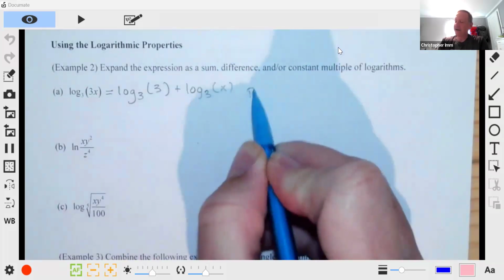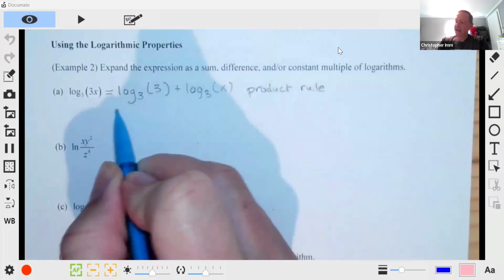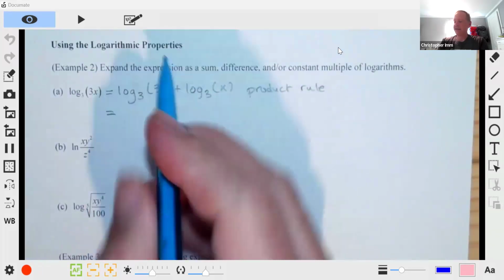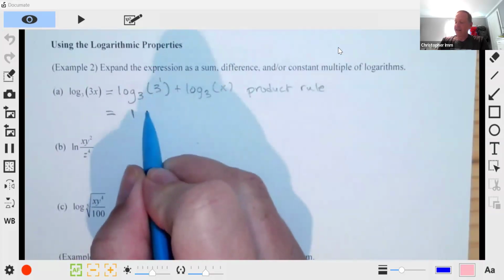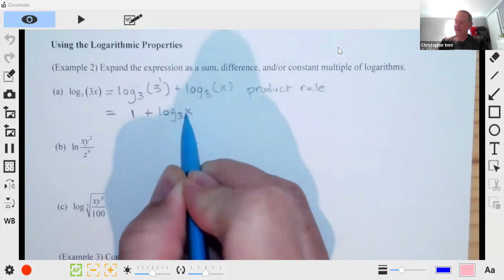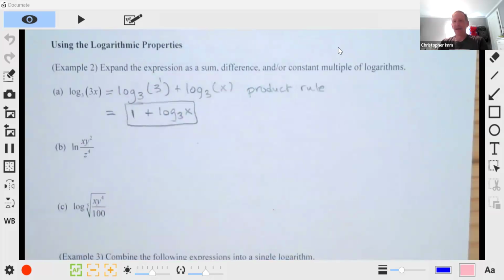I'm using that product rule of logs. You might notice that here I have log base 3 of 3 to the first. So this would be reduced to 1, basically by the inverses. And then I can't reduce this anymore. So I have 1 plus log base 3 of x.